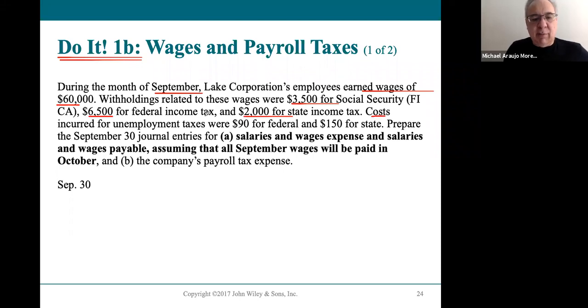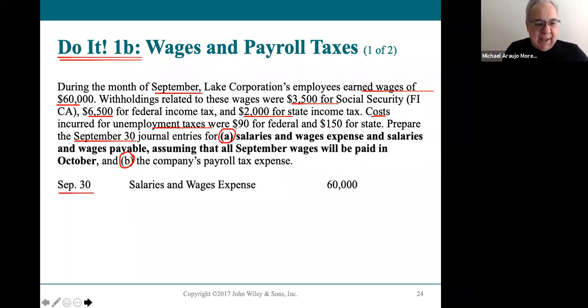Additional costs to the employer include unemployment taxes of $90 for the federal government, $150 for the state government. It is now September the 30th, and it's time to do A, the journal entries for the salaries and wages expenses for September. And after that, we'll do B, which is the company's payroll tax.